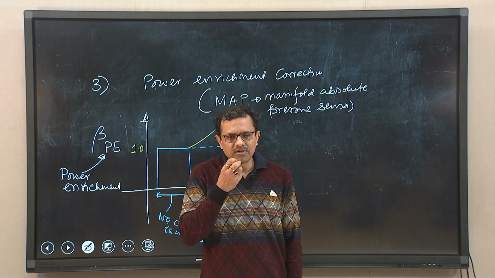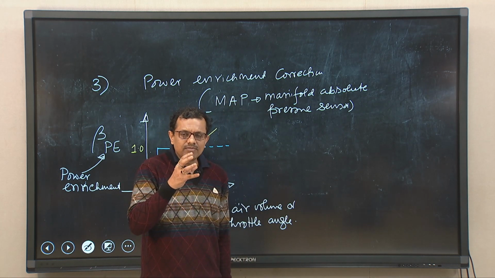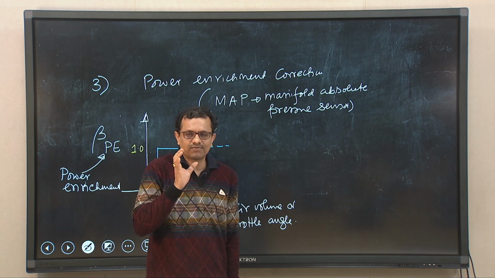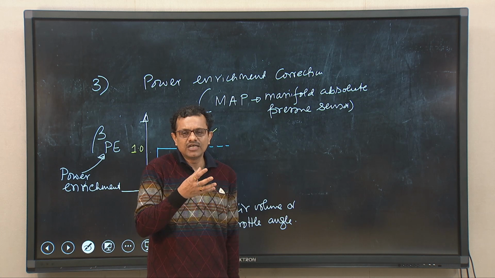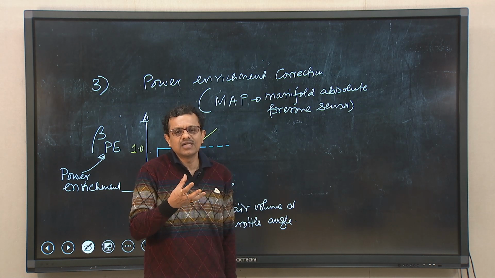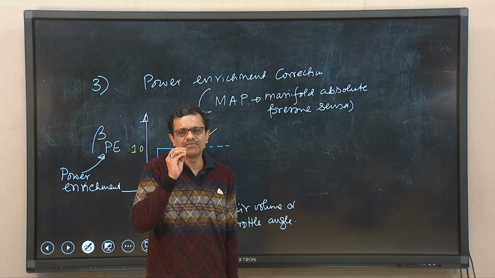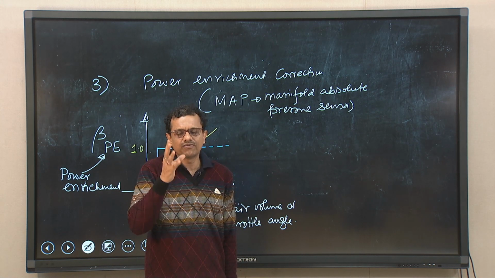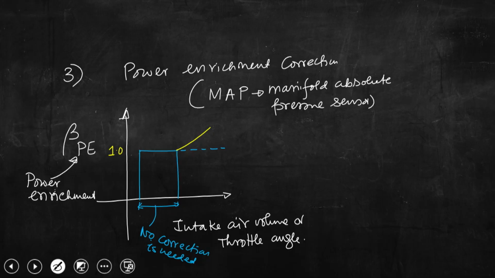Now, to have that much power, we need to supply an adequate amount of fuel to maintain the stoichiometric air fuel ratio. So, if the volume of air drawn into the cylinder is becoming more, certainly the control unit should give feedback to the injector to supply more fuel, so as to maintain the stoichiometric air fuel ratio. And that is why this particular correction factor should be taken into account if the throttle opening angle increases beyond this value, right.